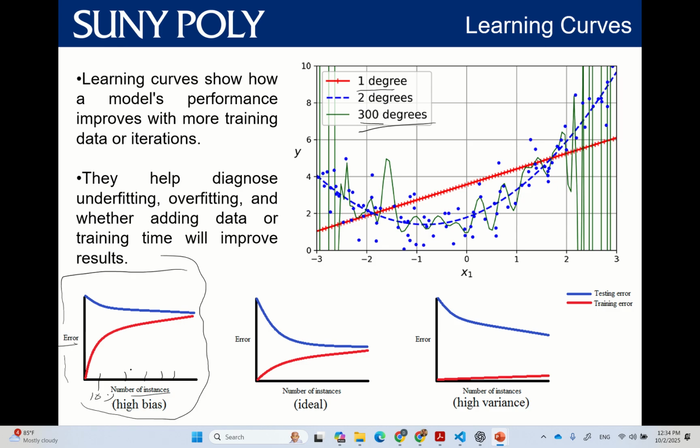Like how many observations we're using from the training set. So as we increase the instances, the training error is increasing, and in the validation set it is decreasing, but the error here, if you compare it with the others, is high. It's higher compared to the other plots.